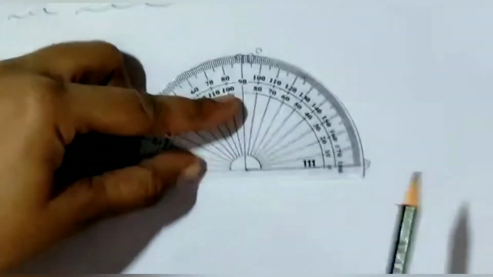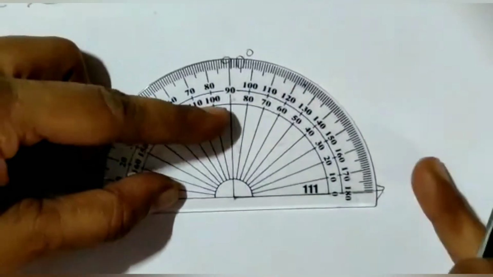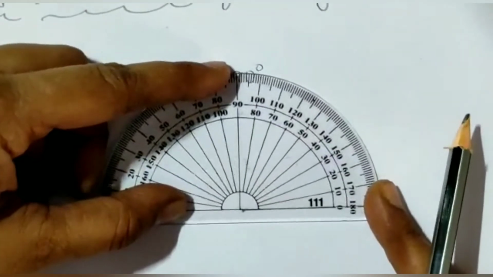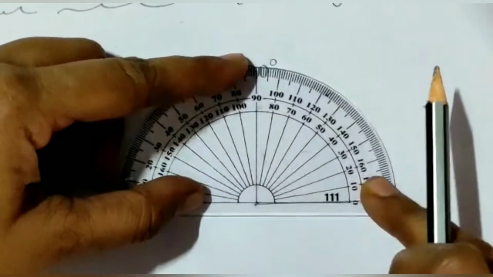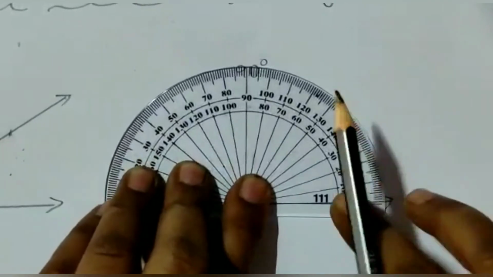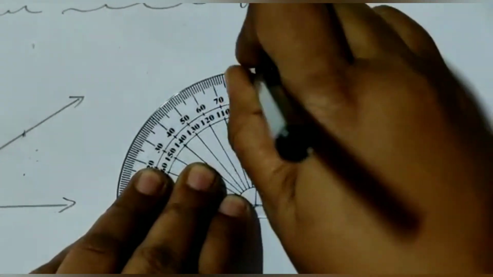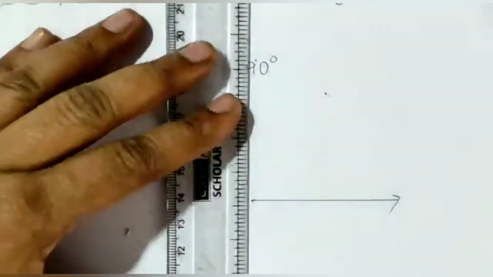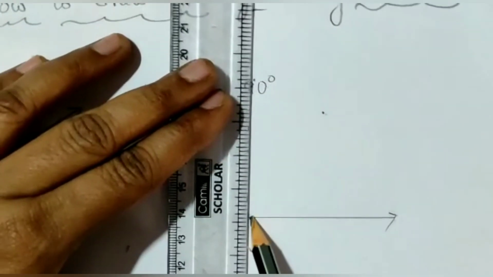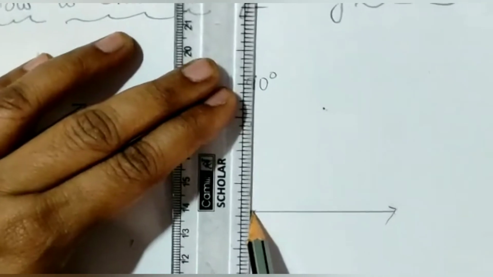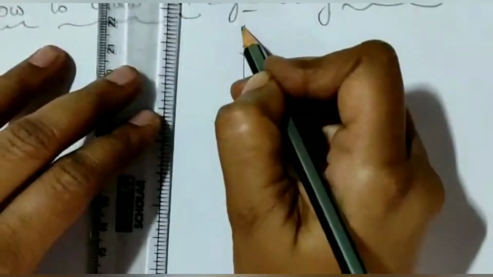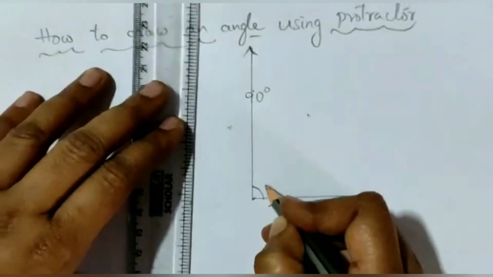See, check it properly. Both must coincide. It is not like this or not like this. Okay. Now, what we want to draw? 90 degrees. Where do you have 90 degrees? Here. So, just keep your point here. And now, from the vertex to the point, draw a line joining the point. So, this is 90 degrees.